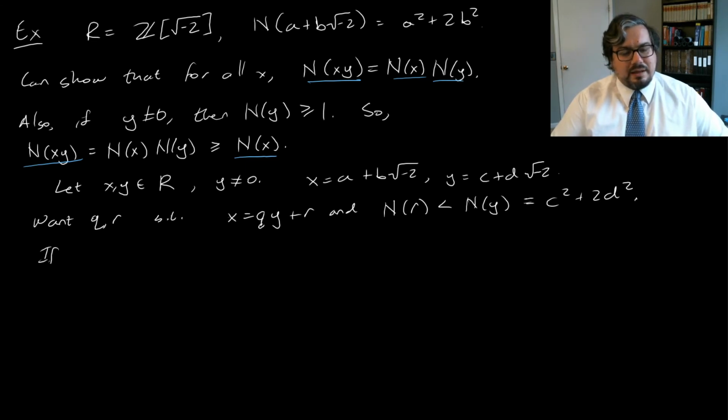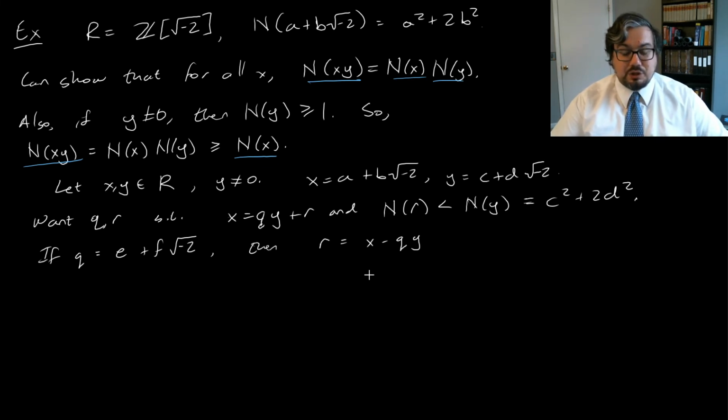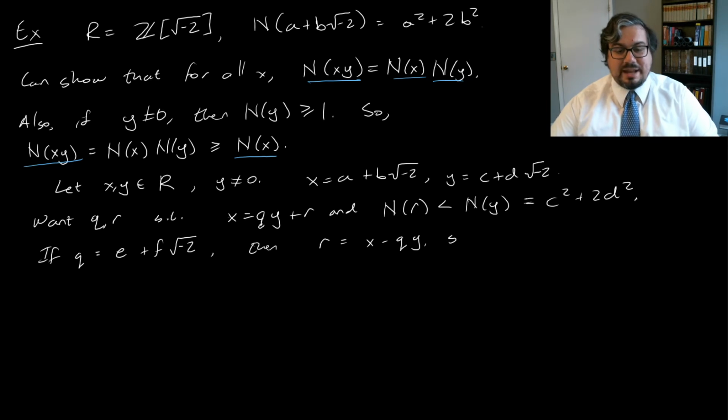So if q is equal to e plus f times the square root of -2, then r is equal to x minus qy, and we can express this in terms of a, b, c, d, e, and f.